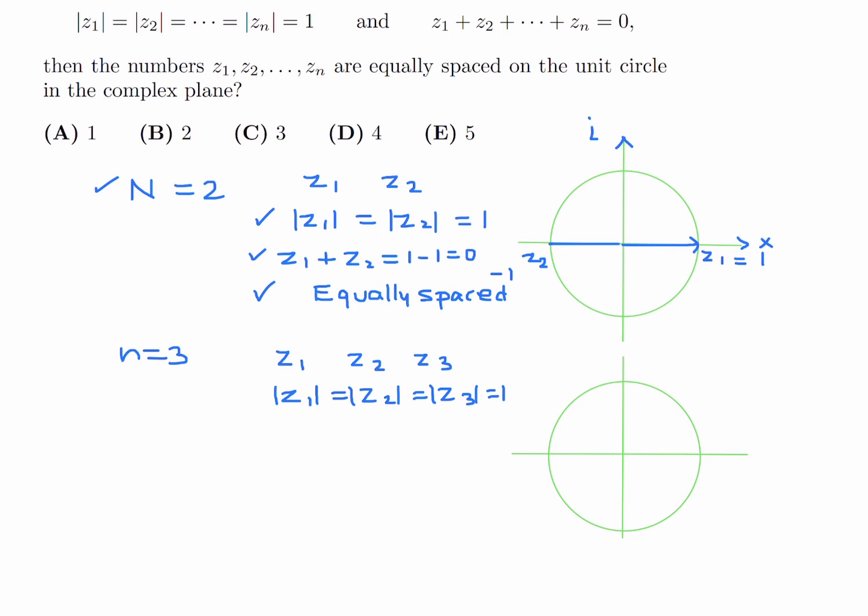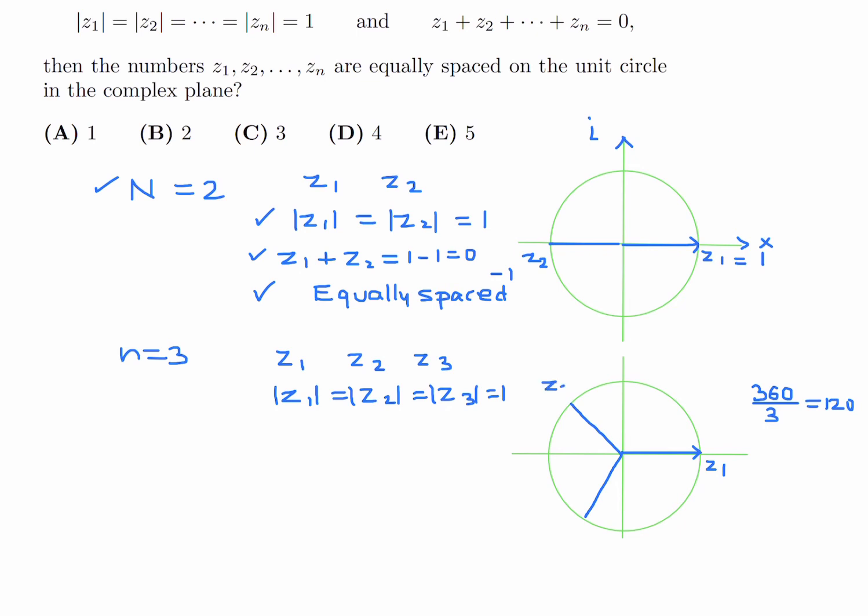It's a unit circle, so I can just put 1 here. That'll be Z1. Now I've got to make them equally spaced. Well, that's easy. The whole thing is 360, so 360 divided by 3 is 120. All right, so approximately there, and approximately there.